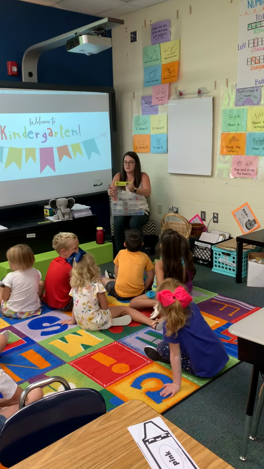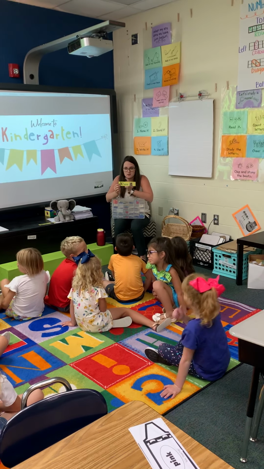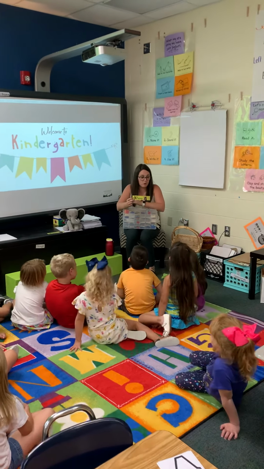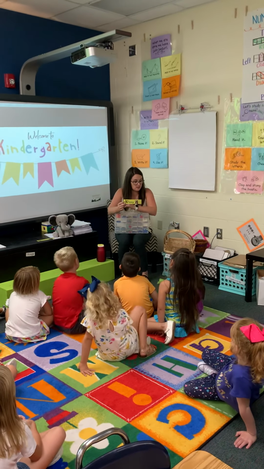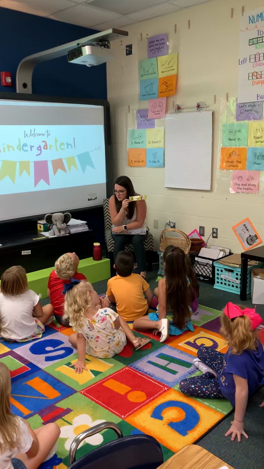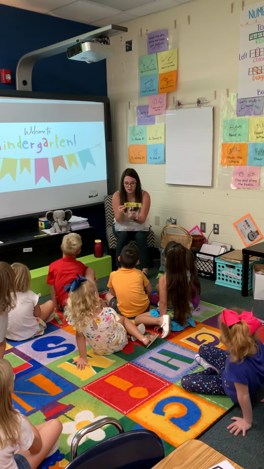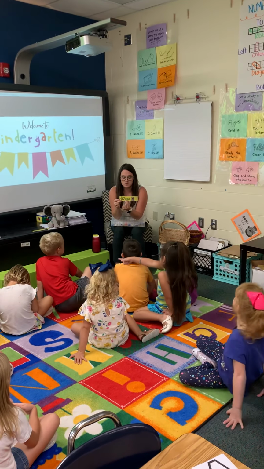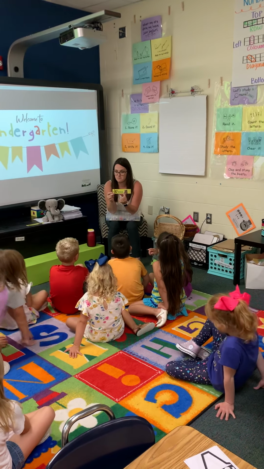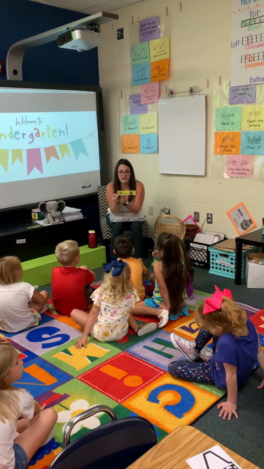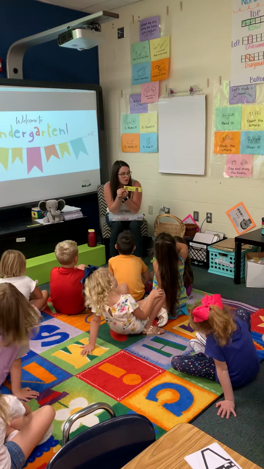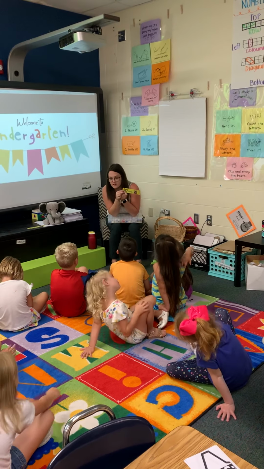I'm going to look at her name, at the vowels and at the consonants, and then I'm going to say it. I'm not going to say the letter names. I'm going to say if it's a vowel or if it's a consonant. So I'm going to go vowel, consonant, vowel, consonant, vowel. You see it? When it was A, E, I, O, or U, I said vowel, and all the other letters I said consonant.